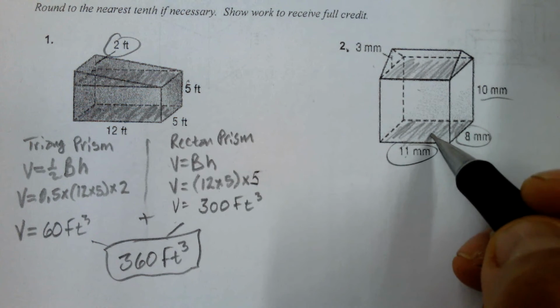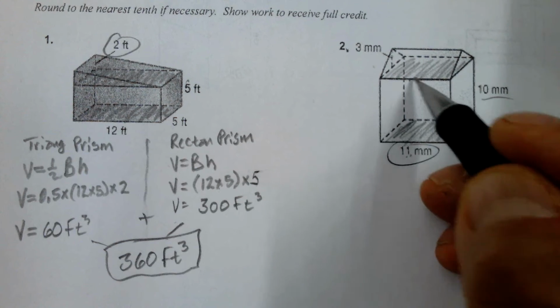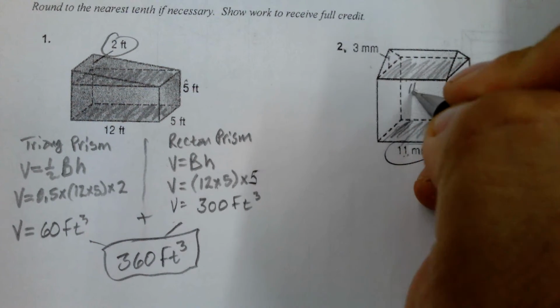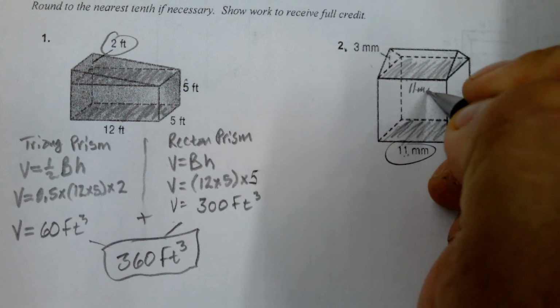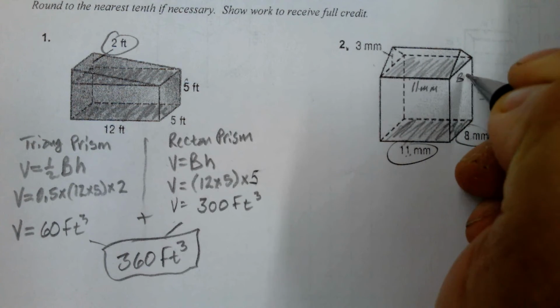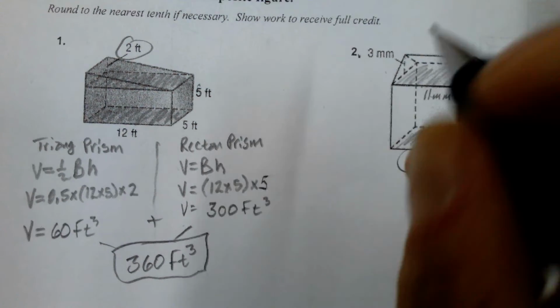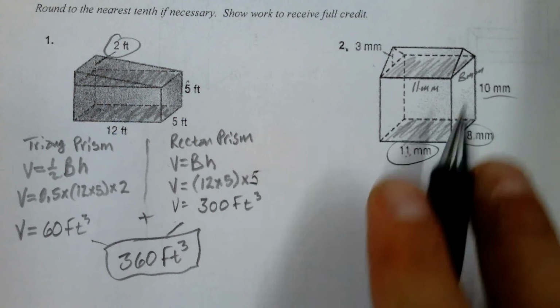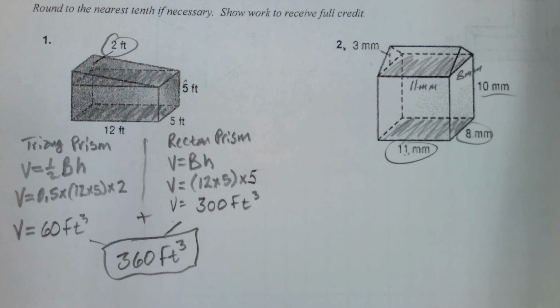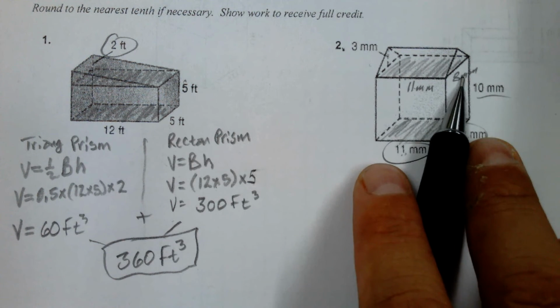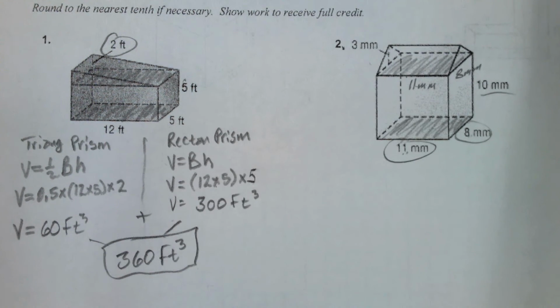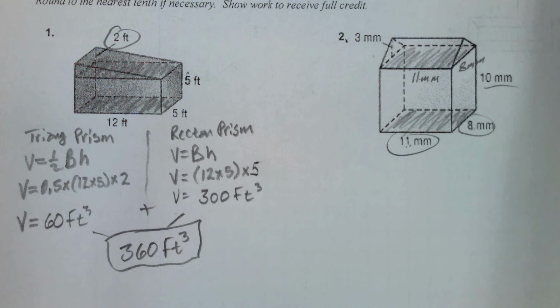Then you transfer that 11 and 8, since it's a rectangle, they're the same for the triangular prism. You would multiply those times 3, and then remember, since it's triangular, it's 0.5.